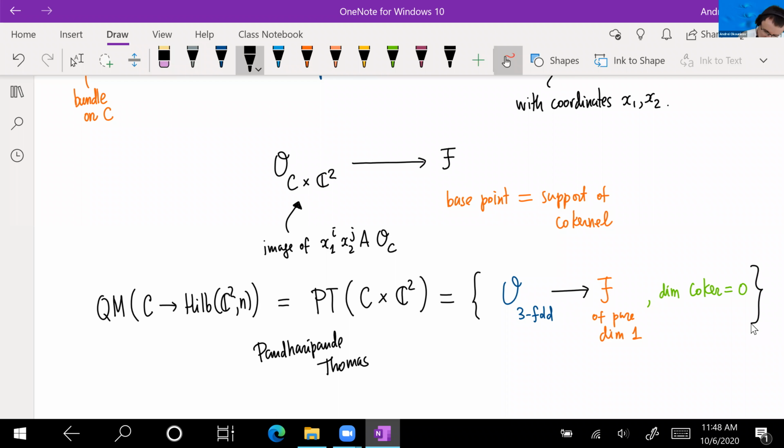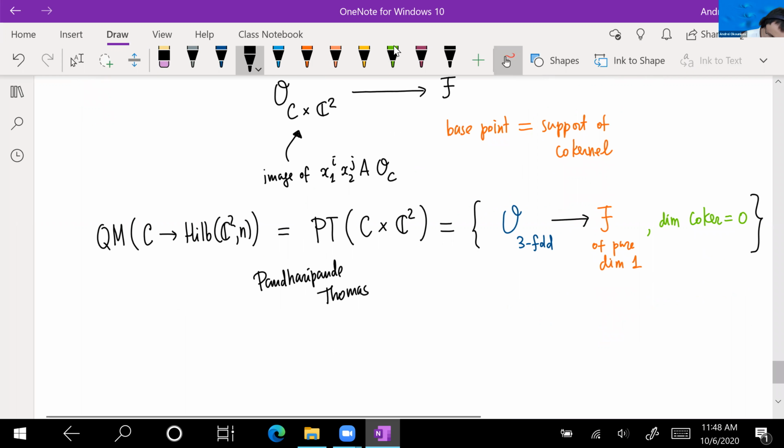This definition is good for any threefold.